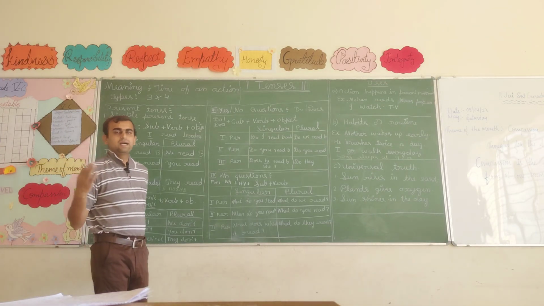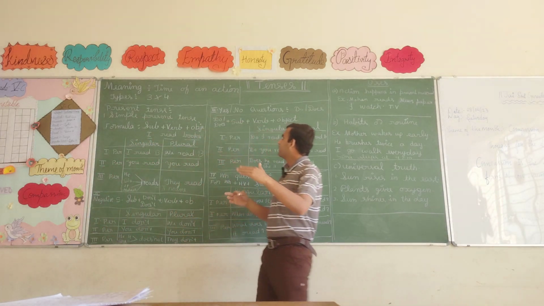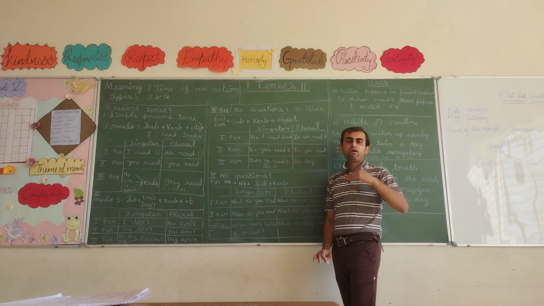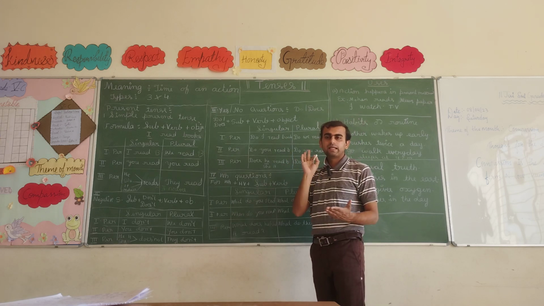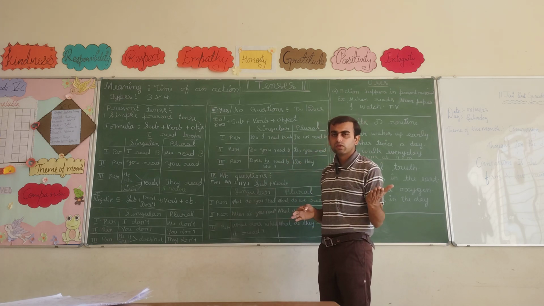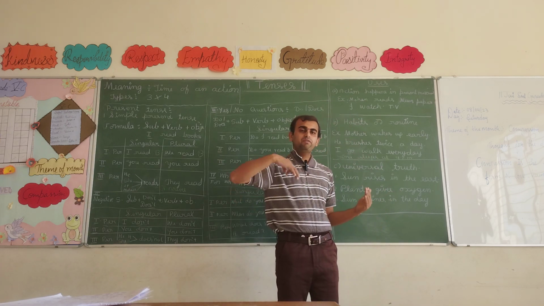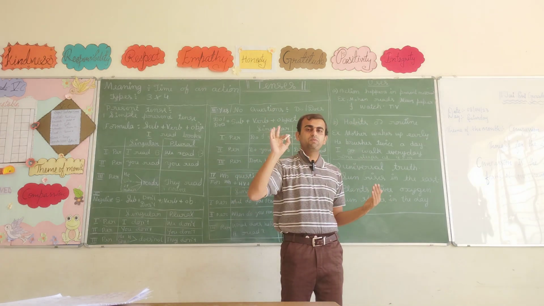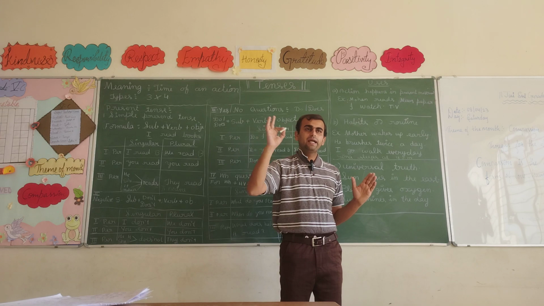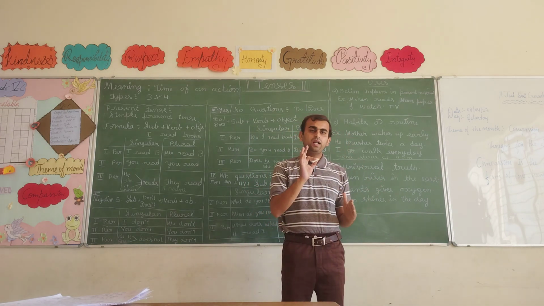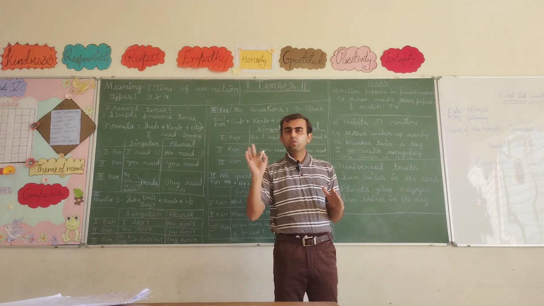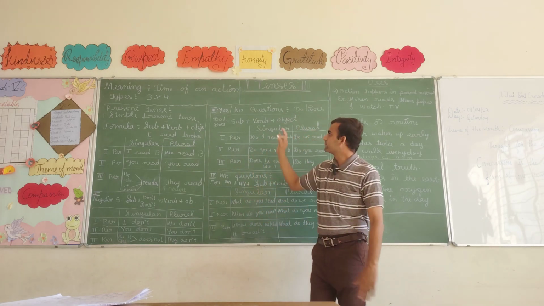Now next, the third part: I am going to tell how to form a yes-no question in simple present tense. Yes-no question means whenever we ask a question to anyone, the answer must be either yes or no. This type of sentence is called a yes-no question. Is it clear?